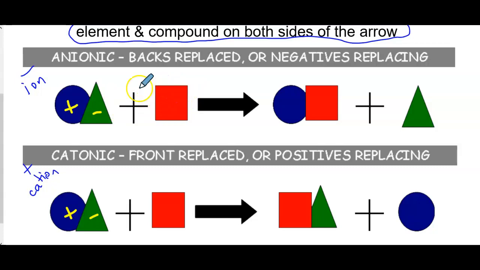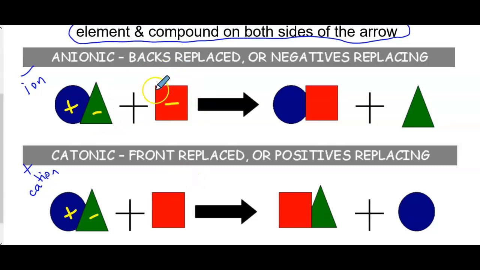If you notice here, this guy comes in and kicks out what? It kicks out the triangle. So the triangle's kicked out, so therefore, if I kick out a negative, I have to kick it out with a negative. So this would have to be negatively charged if it goes in its place. So the square is negatively charged, means it kicks out the triangle, and that's what we call an anionic replacement.